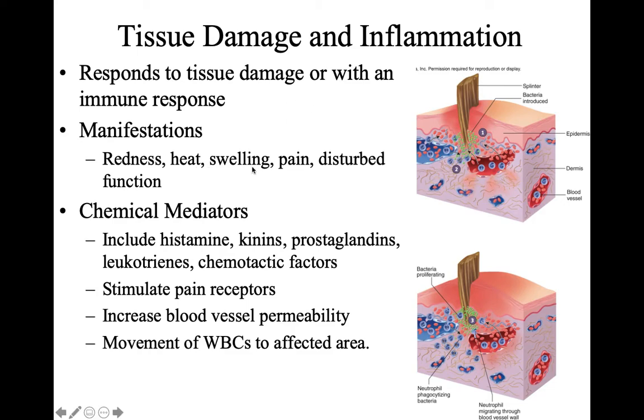Swelling, which is going to be an increase in the amount of water present in a tissue, and inflammatory molecules, is actually going to be due to enhanced leakiness of our blood vessels. So actually we're going to get exiting of cells as well as fluid from the blood vessels into the area that will actually allow us to have swelling present.